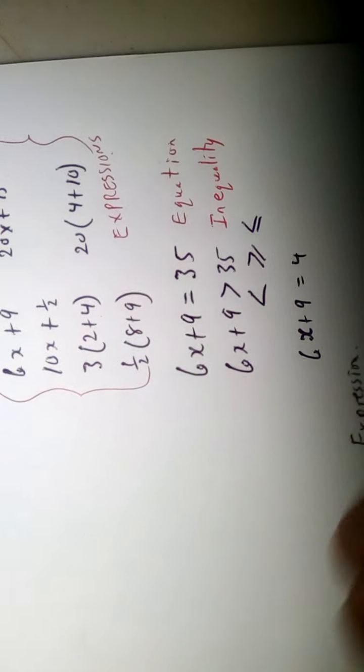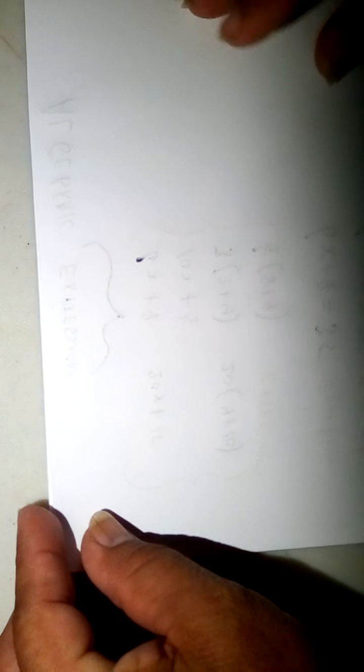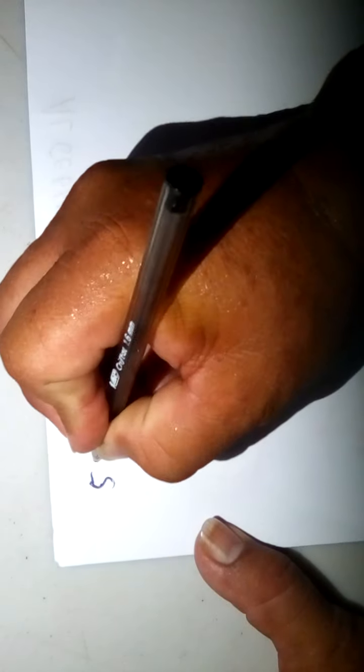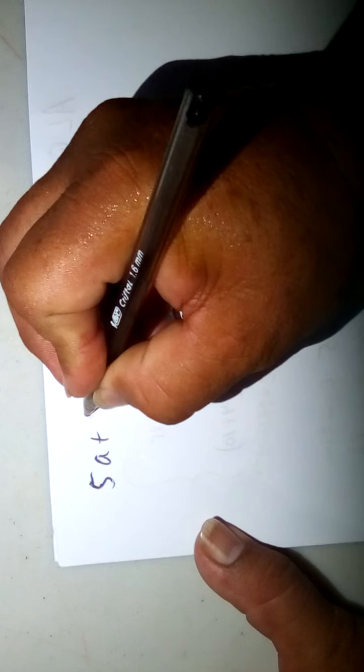So let's go now more into algebraic expressions in detail. So here it is. Consider that we have an algebraic expression of 5a plus 4 plus 3a plus 10. This is an algebraic expression. So what I want you to do is simplify it.